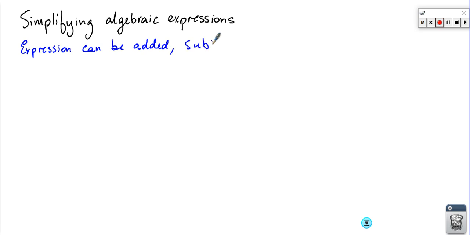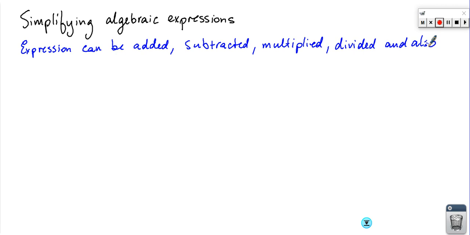subtracted, multiplied, divided, and also simplified by collecting like terms.